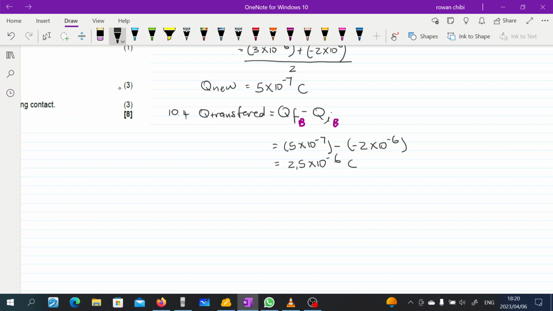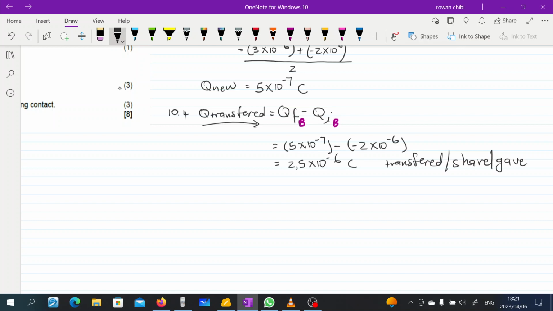This is the amount of charge that B transferred to A. This is the amount of charge that B transferred or gave to A.